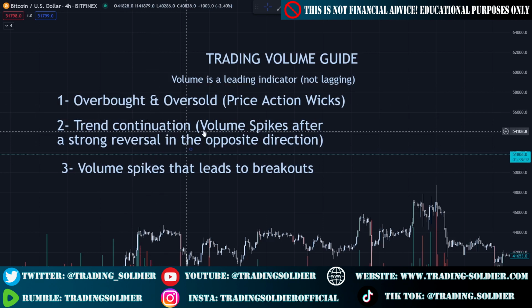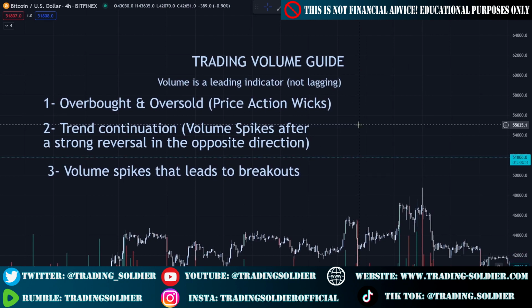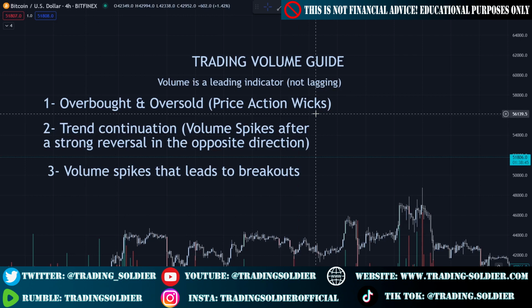Then the second scenario that we usually find in cryptocurrency trading is the trend continuation. Most of the time when we see a large spike in the volume, we can assume that this spike in the volume is helping the trend to continue in its direction.